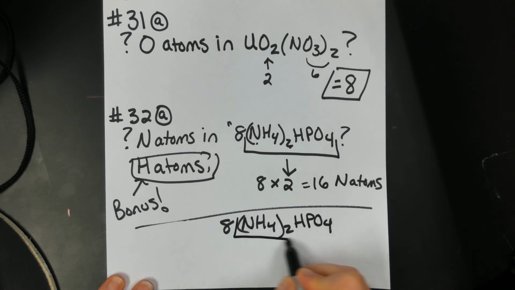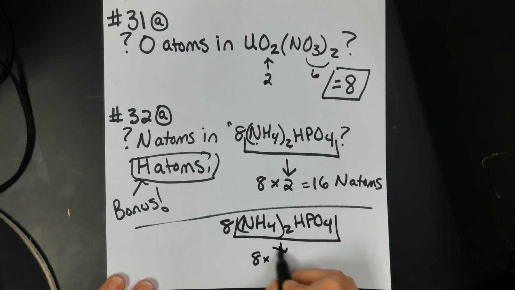Again, I'm just going to focus on finding how many are here, and we'll multiply that whole thing by 8. So here we have 8 H's right here, correct? Because we have 4 right here, but it's times 2, so it's 8 plus, right? And then out here we only have 1 H because it has a subscript of 1.